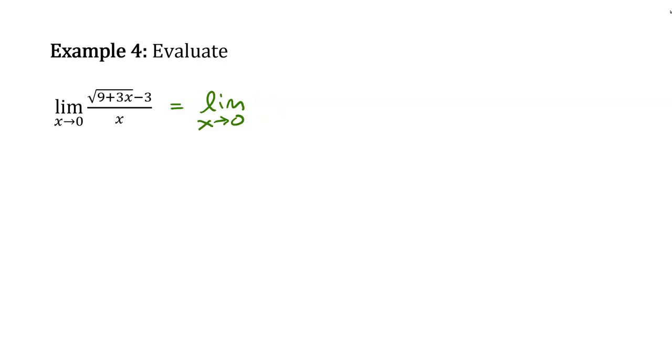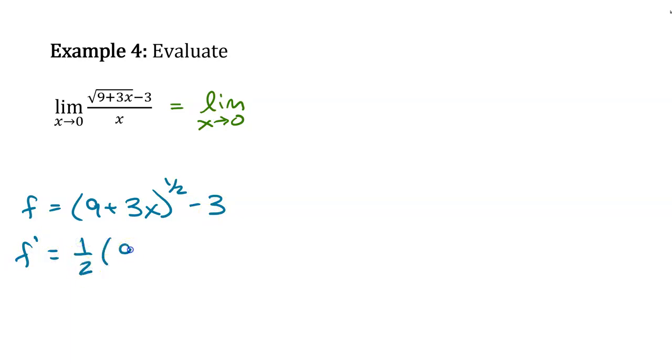Scrap paper. So if f is, now let's change that to 9 plus 3x to the 1/2 power. Remember that the square root is the same thing as a 1/2 power. There we go. Which would give us the chain rule. 1/2 minus 1 would be negative 1/2.